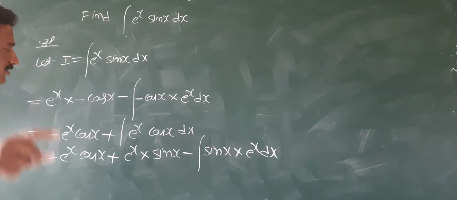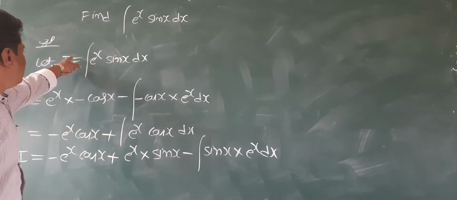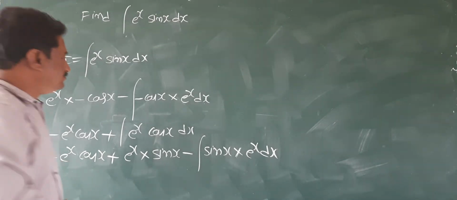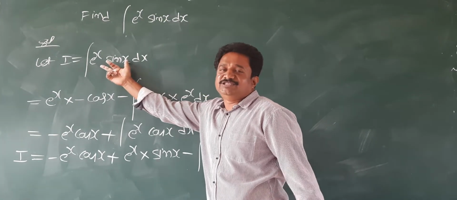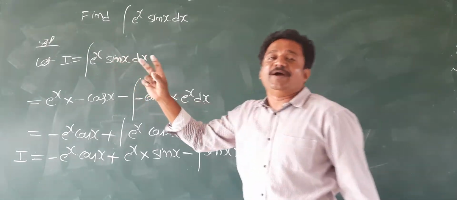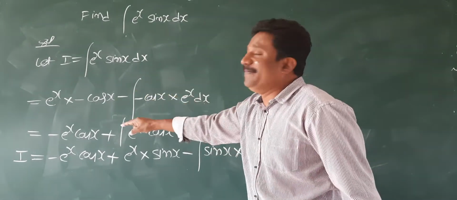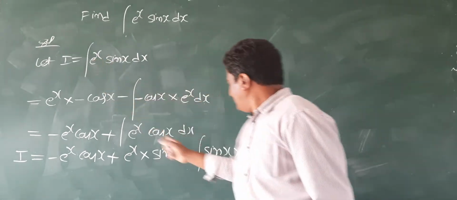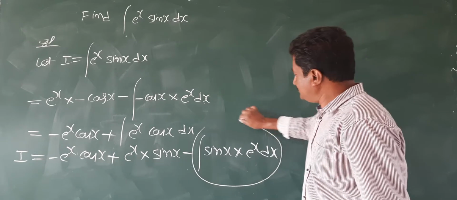This is enough. So what we have on the left side, students, is I. You carry that I as it is. So look at this, students. For this type of integrals, if we apply parts 2 times, we get back our I. Look at this integral.